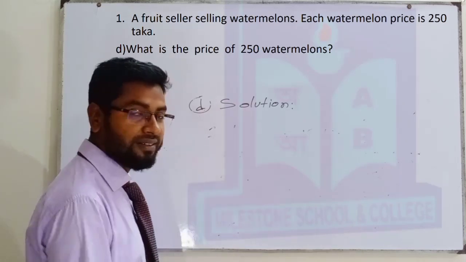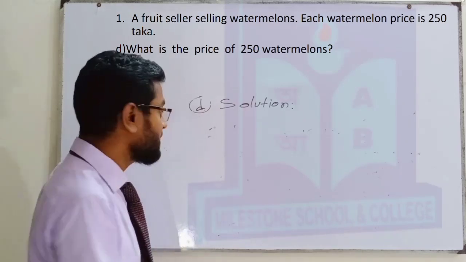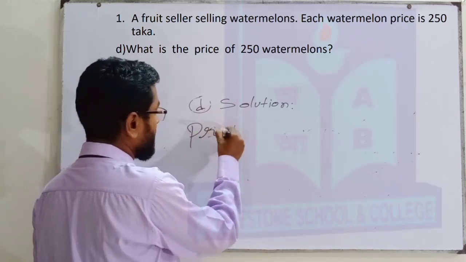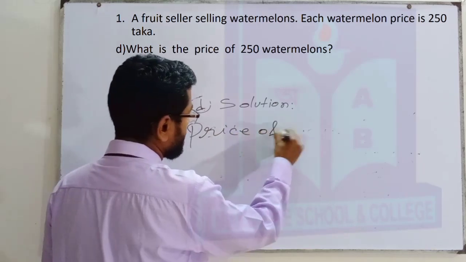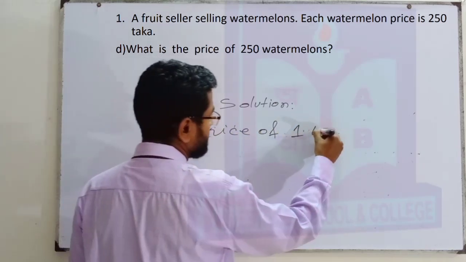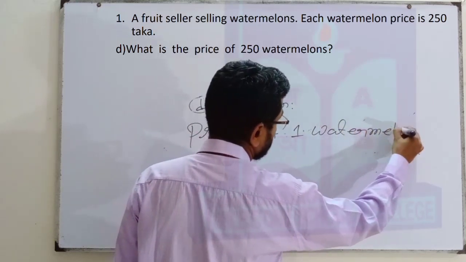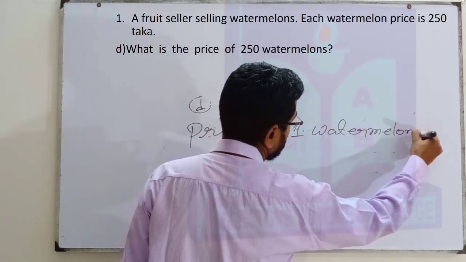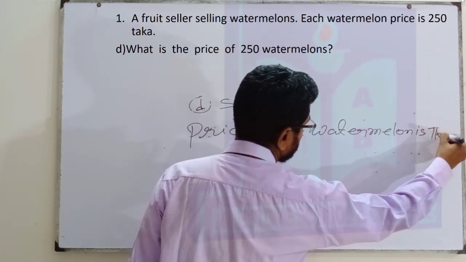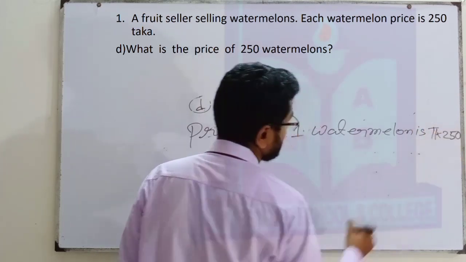Now, I am showing the solution. Price of one watermelon is taka, how much? 250.